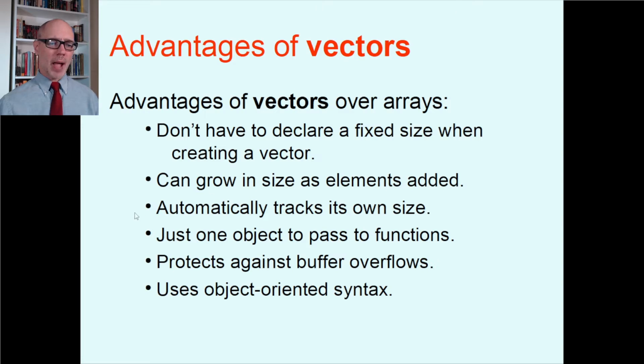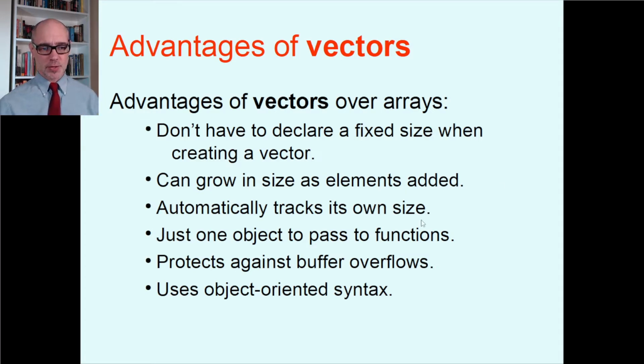A vector automatically tracks its own size. When working with arrays, you've got the array, but you also separately have to keep in mind what the size is, and we usually have a constant for that. When you're passing an array into a function, we've been saying you need two parameters: the array, which is where it starts, and the size, so the function knows where it ends.